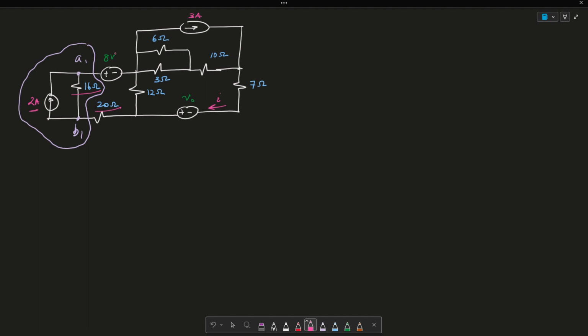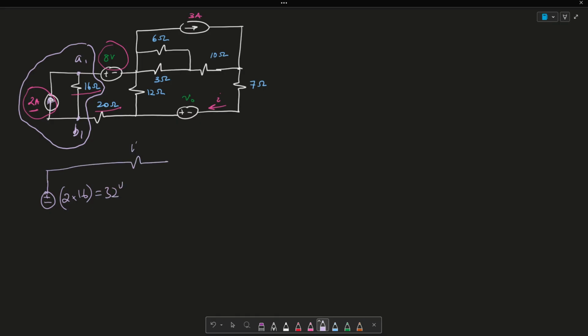So I can add this voltage source and the voltage source that comes out of this current source. Let me show you what I mean by this. I'm going to have a voltage source, plus minus, because the current is going up, this is going to be 2 amps times 16 ohms, which is equal to 32 volts.